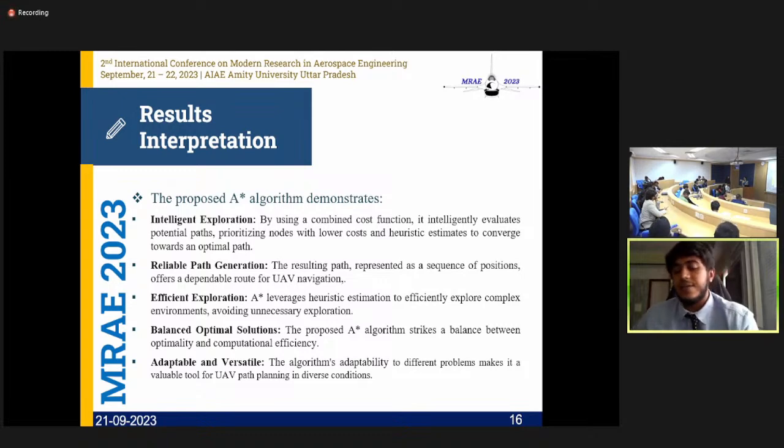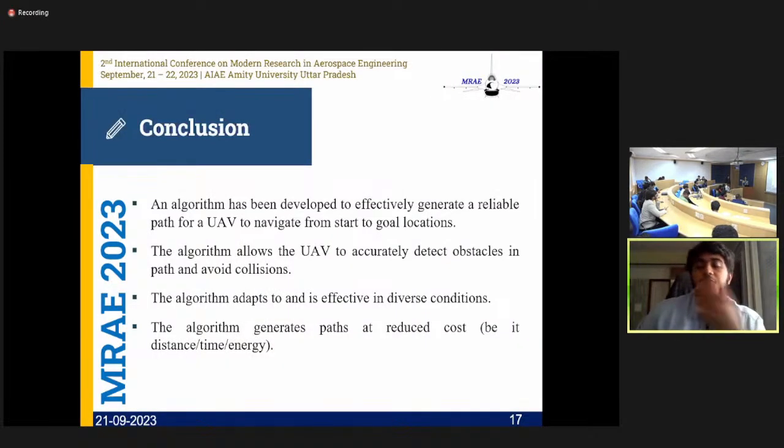Now, in conclusion, we can say that the objectives that we set in the start of the research are successfully met. A reliable path is generated from start to goal. The algorithm is successfully acquiring sensor data and doing obstacle detection as well as collision avoidance, and can be adaptable to different conditions or settings.